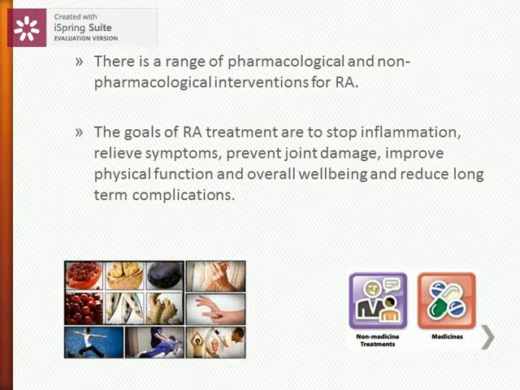There is a range of pharmacological and non-pharmacological interventions for rheumatoid arthritis, with the goal being to stop inflammation and put it into remission, relieve symptoms, prevent joint damage, improve physical function and overall well-being, and reduce long-term complications such as disability.